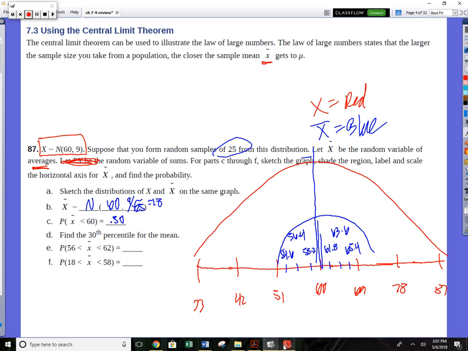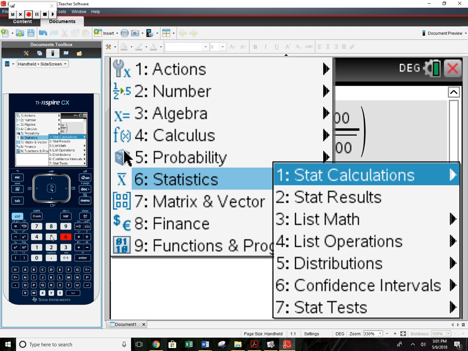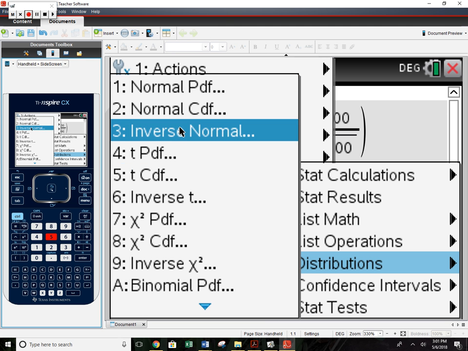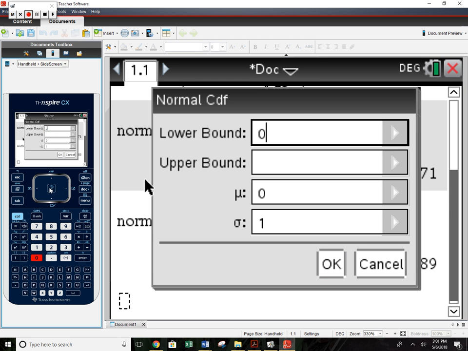Well, let's find out. Okay, let's go menu, 6, 5. We're going to inverse. No, we're doing a cumulative. So I want the range. I want the lower bound to be 0, upper bound of 60. The mean is 60. But your standard deviation, what are we using? We're going to use 1.8.